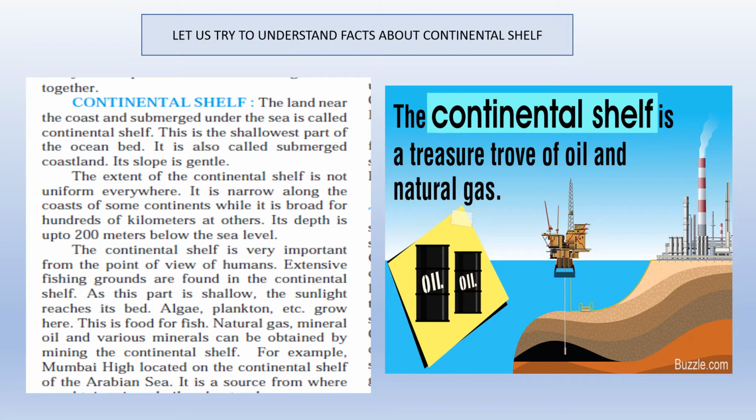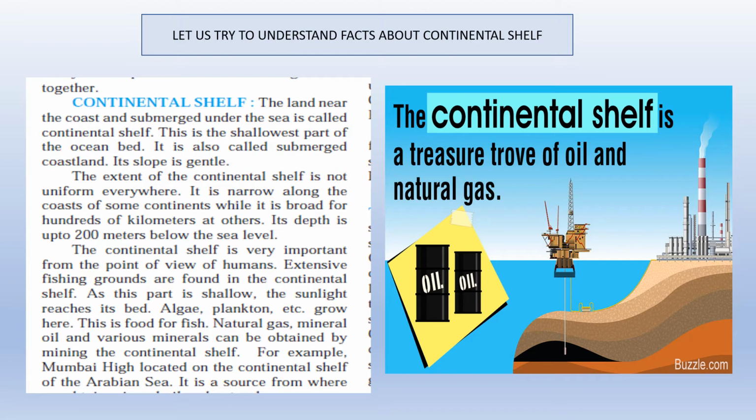The continental shelf is very important not only for humans, because it is a gently sloping land. Extensive fishing grounds of the world lie in this region, and the ocean water is not very deep. The sun rays can easily penetrate through this region, and plankton, the food for the fish, develops well. Natural gas and a variety of minerals are also obtained.